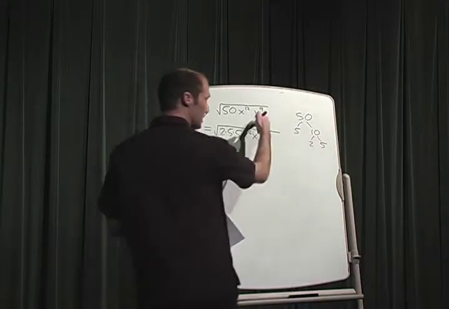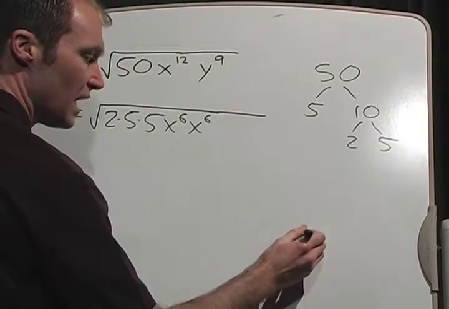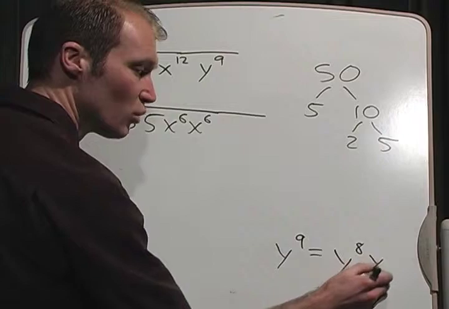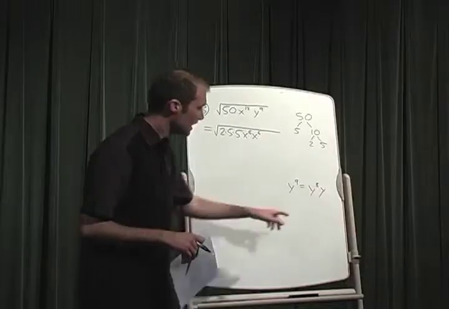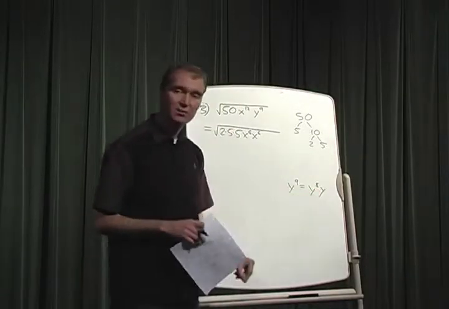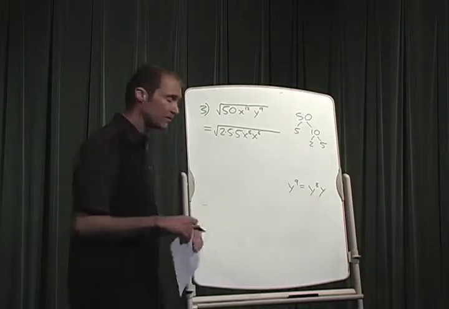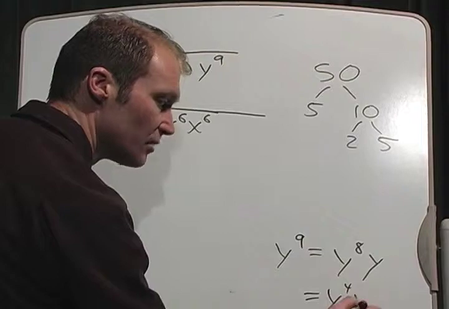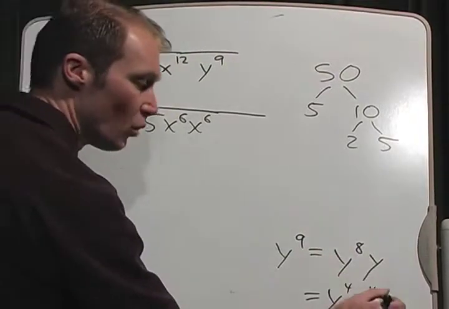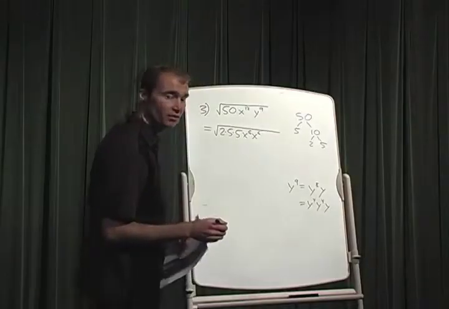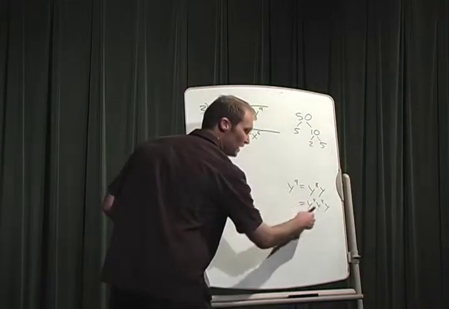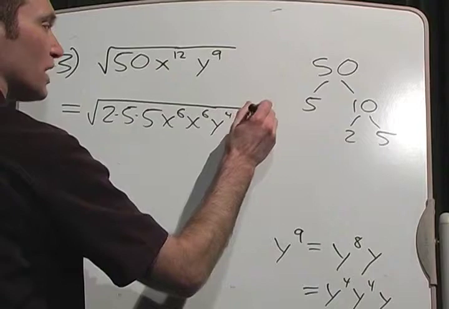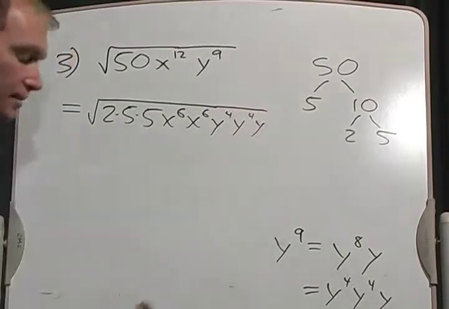So what I want to do is I'm going to rewrite y to the 9th as y to the 8th times y. Because now that I have something to an even exponent, that does break down nicely. This is equivalent to y to the 4th times y to the 4th, and then this y just comes down from above. So I'm going to write these factors in here. I have y to the 4th times y to the 4th times y.